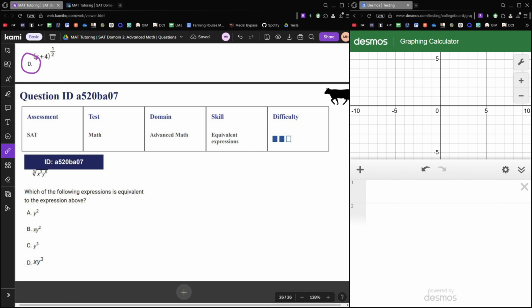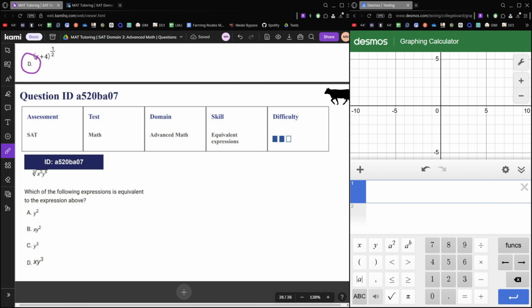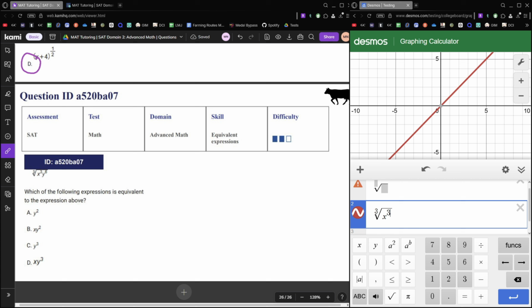Slide number 26. They give us an expression and they want us to find which of the answer choices are equivalent to it. Let's go ahead and type in the one they give us into Desmos. Now you could type out the NTH and then root, but you could also just have a little shortcut, CBRT, for that little cube root, and then type in the rest of that expression. And you notice here there's going to be a little problem.